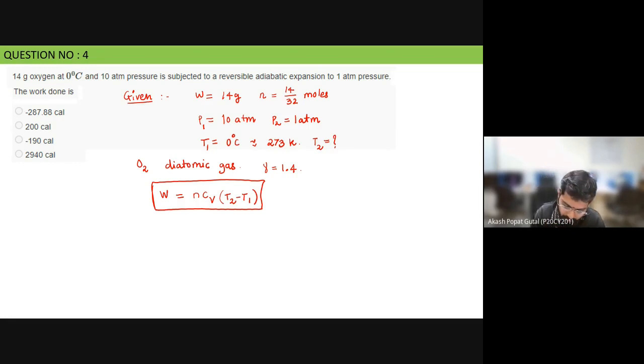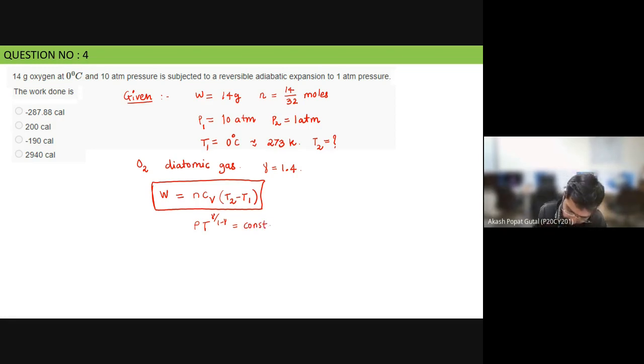We have P1, P2 and T1, and we need to calculate T2. As we have seen previously, the relation between P and T for an adiabatic reversible process is P raised to (1 minus gamma) upon gamma times T is constant.